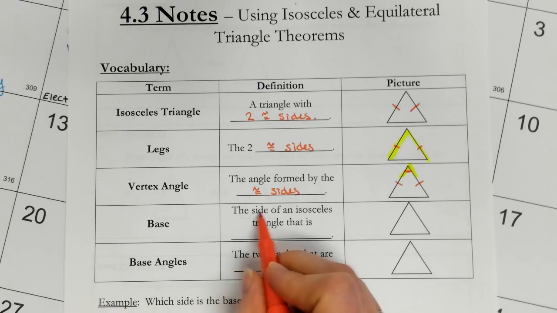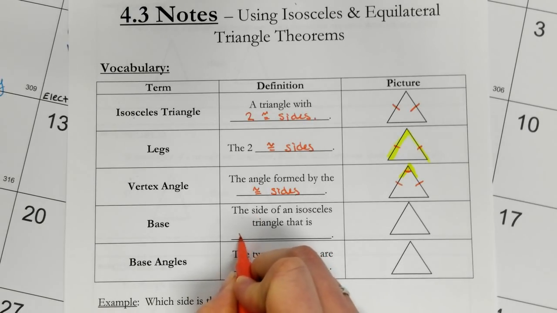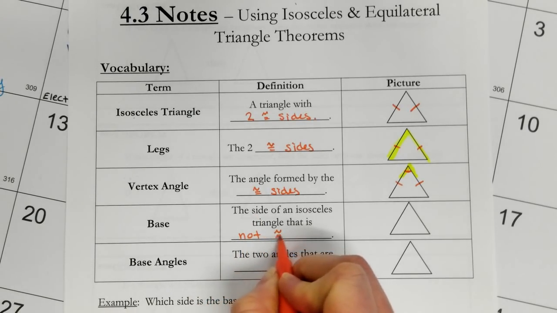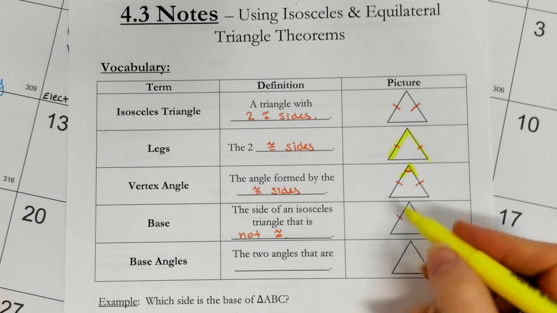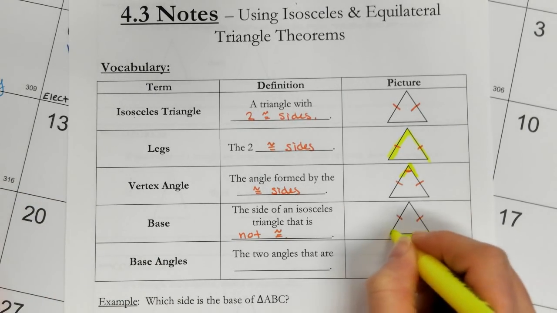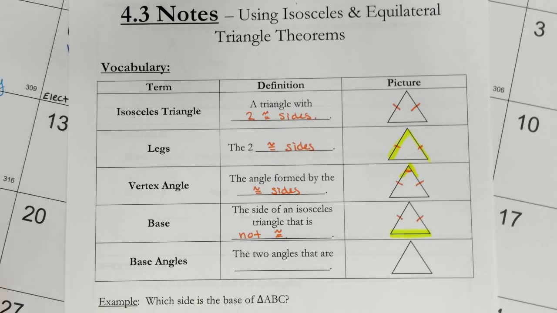The base is the side of an isosceles triangle that is not congruent. So if these are my two congruent sides again, your base is going to be this. It's not necessarily the bottom. It is on this picture, but it's just the one that's not congruent.